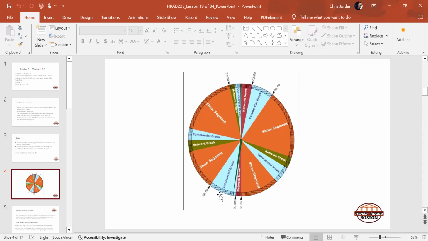I'm not too sure what that's supposed to indicate. It could be a spot break or an update in some other way. Show segment, network breaks. That's definitely network, so syndicated advertising, and then local advertising specific to the station.